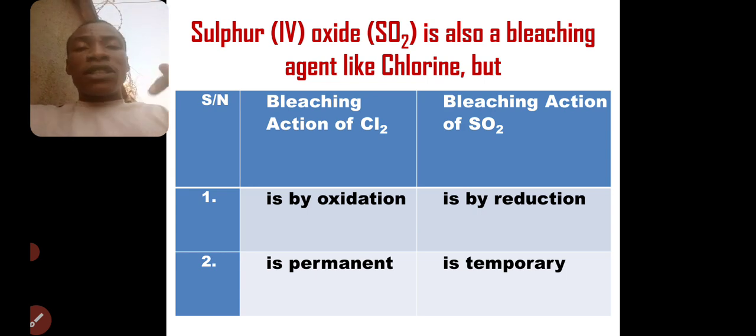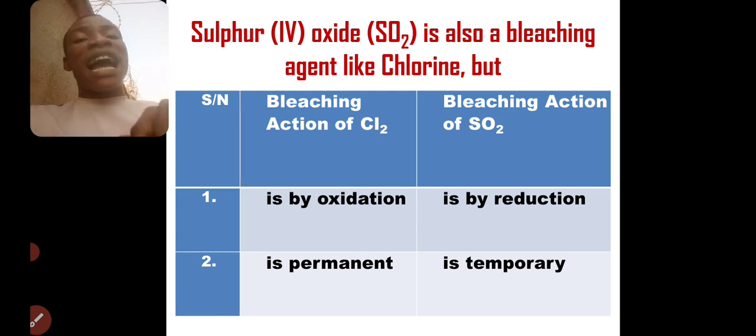So SO2 bleaching is temporary, but that of chlorine is very permanent. That's why some straw hats that have been bleached by SO2, when you keep wearing them for a long time, start turning yellow, because as you expose them to the atmosphere, the color returns as they get oxidized.